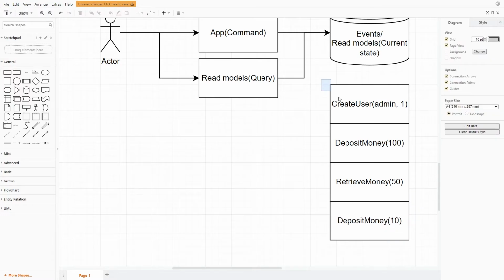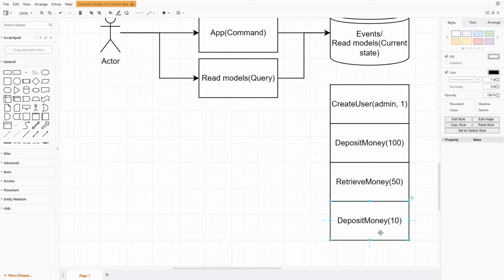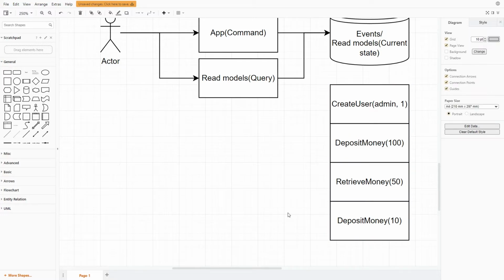What we can do here is create a history of all the operations, and we can go from the first one to the last one. All of those have a unique identifier, like an ID in a database, and they go from the first to the second to the third to the fourth, and we basically build a chain of events.